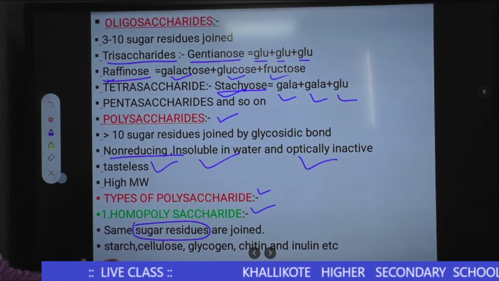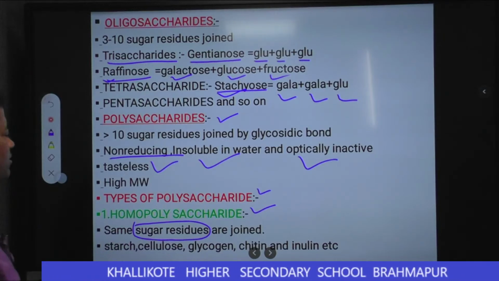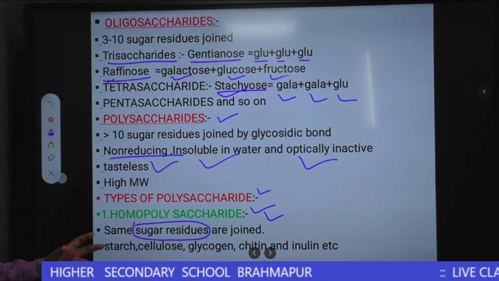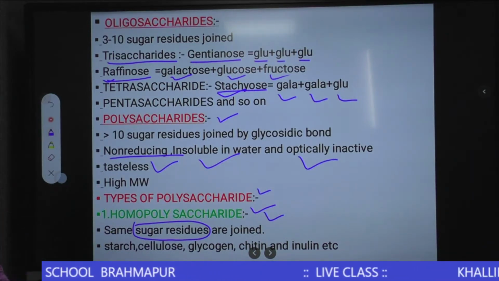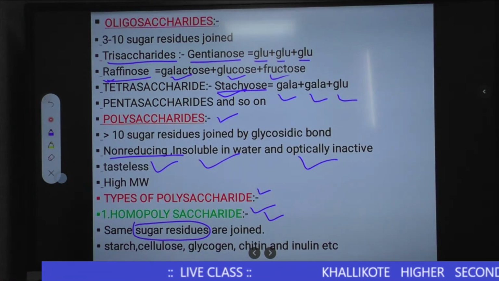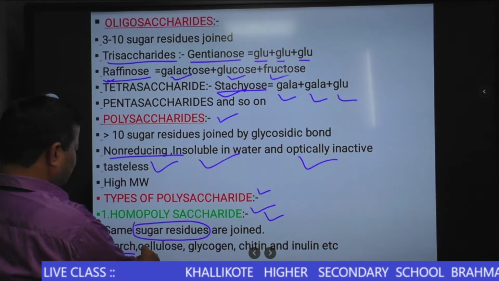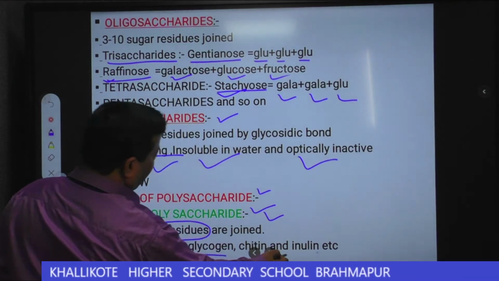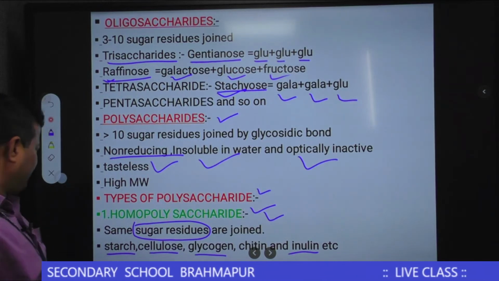If it is made of only fructose molecules, that is also a homopolysaccharide. Particular examples are starch, cellulose, glycogen, chitin, inulin. They are typical examples of homopolysaccharides.